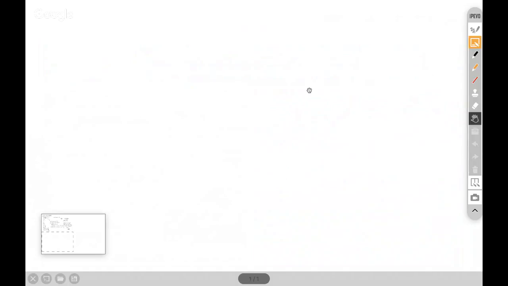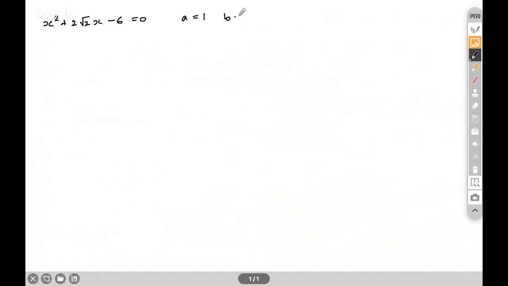Okay, so the question is solve the following quadratic equation by factorization method, and the question is this. Question is x square plus 2 root 2x minus 6 equals 0. Again, what is a? A is 1. What is b? B is positive 2 root 2, and c is -6.